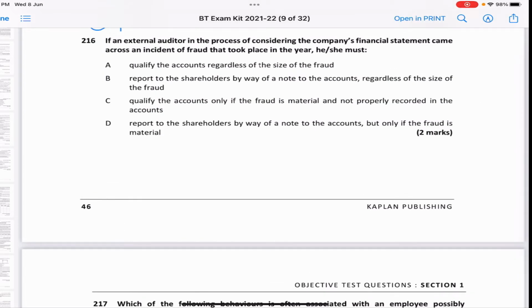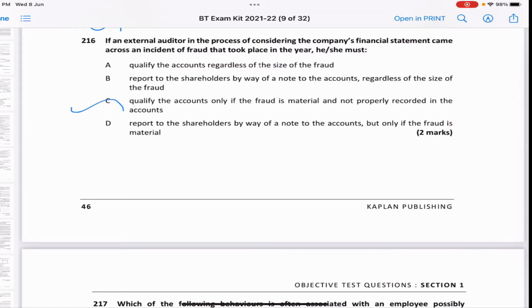If an external auditor, in the process of considering the company's financial statements, came across an incident of fraud that took place in the year, he or she must: qualify the accounts, report to the shareholders by way of note to the accounts but only if the fraud is material, report by way of note to the accounts regardless of the size of the fraud, or qualify the accounts only if the fraud is material and not properly recorded in the accounts.